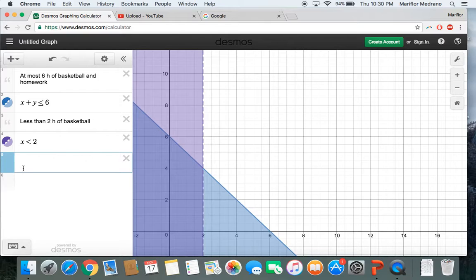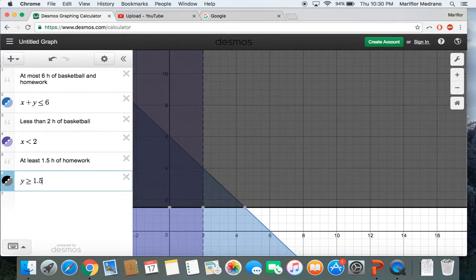And the third one is at least. So once again we're going to go to the plus and note at least 1.5 hours of homework. And so we have y is greater than or equal to 1.5.